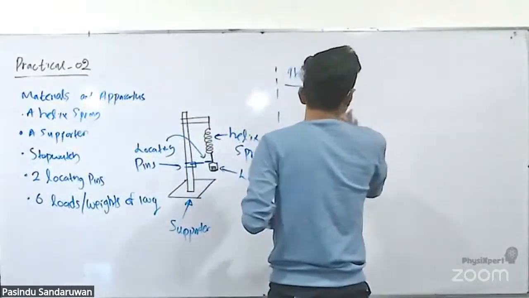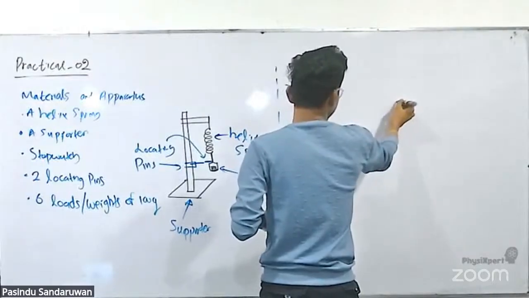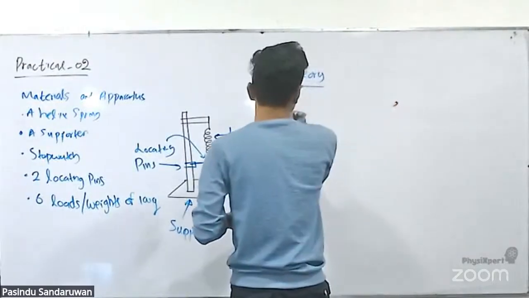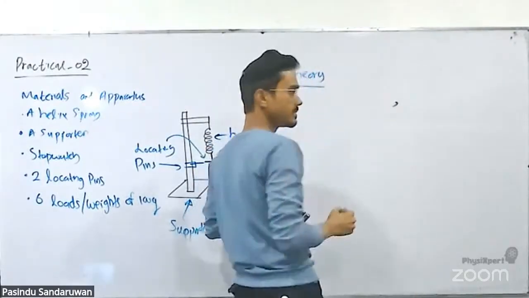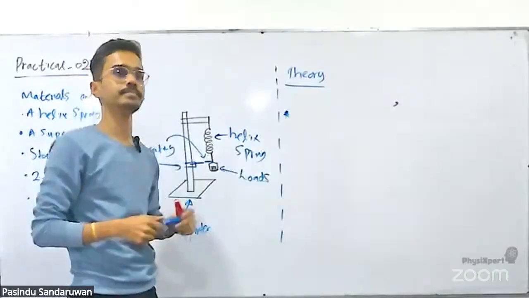Right. Put a comma and write down: then period of oscillation is given by.